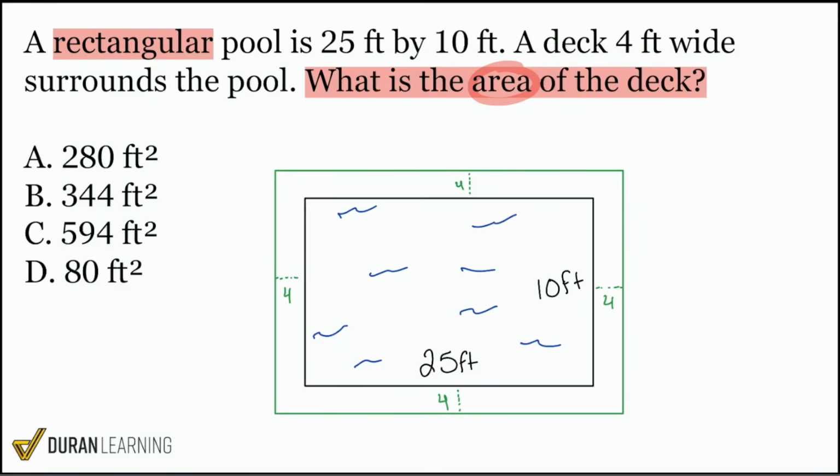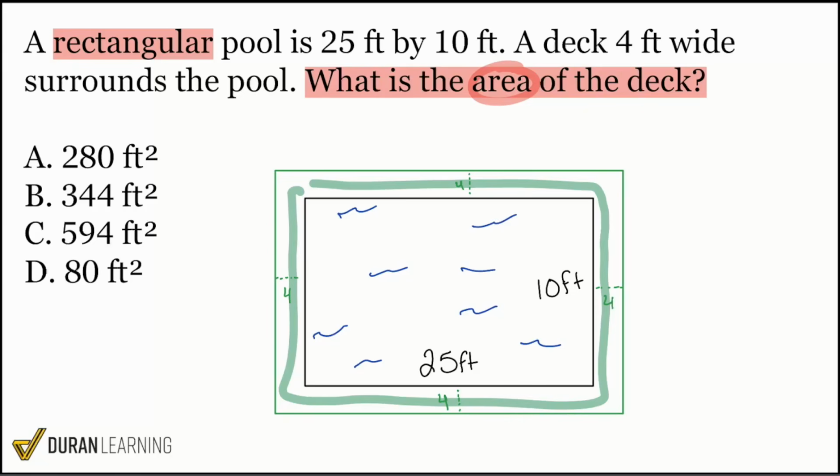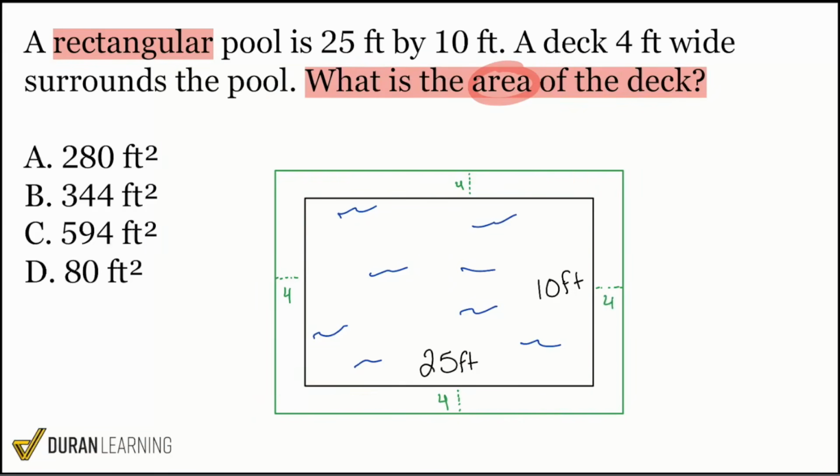So here's where we're going to be at a crossroads. Can you confirm, everybody? Are we looking for the area of the water, the blue here, or are we looking for the area of the green, like this? Blue or green? You tell me. Are we looking for the area of blue or green? Correct. We're looking for the area of the green.